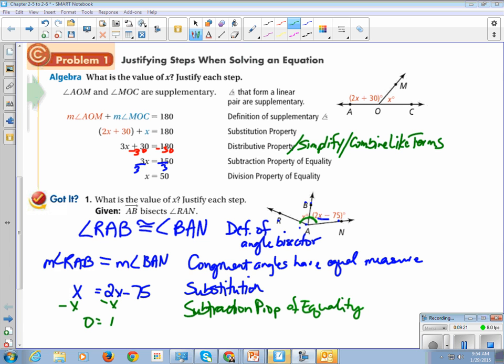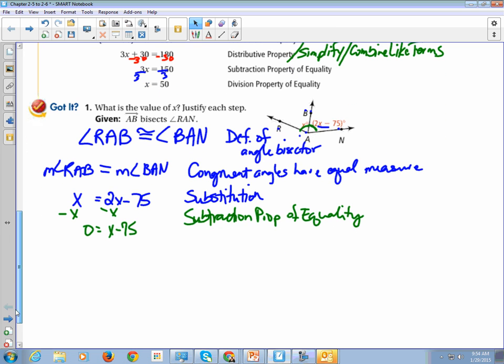And we get 0 equals x minus 75. And then we're going to add 75 to both sides. And we do that by the addition property of equality.